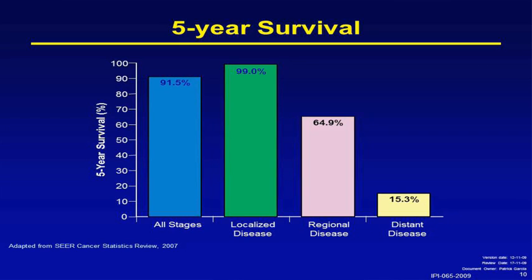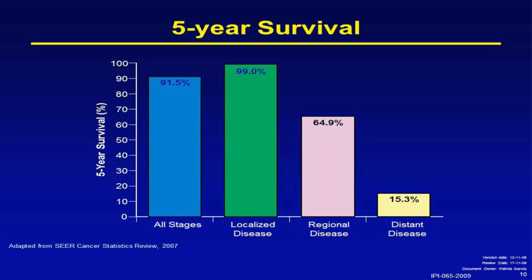Okay, so this just, again, kind of tells that in a different way, but basically this is the 5-year survival. We measure outcome in melanoma by the percentage of patients who are alive at 5 and 10 and 15 years. So in 5 years, 99% of patients with localized disease are fine. The regional disease, I said half of them relapse, so at 5 years only 64% are still around.